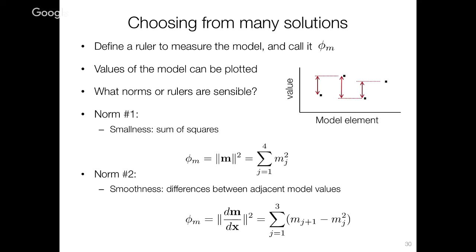That makes a solution that's smooth or flat if you minimize the first order derivative. So this would be the sum of squares of differences between two adjacent elements.